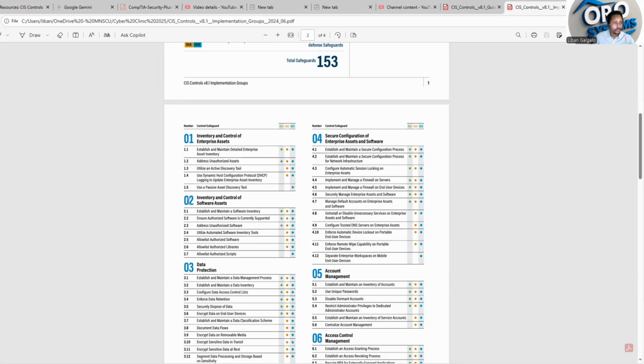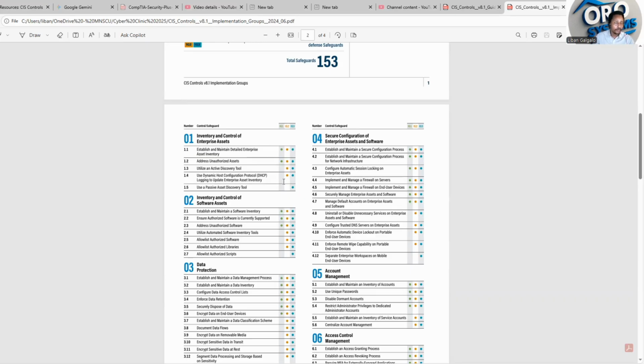Control 1, the first safeguard is applied to IG1, and the second one is applied to IG1, and anything that applies to IG1 also applies to all the other IGs, and the rest is not applied to IG1.